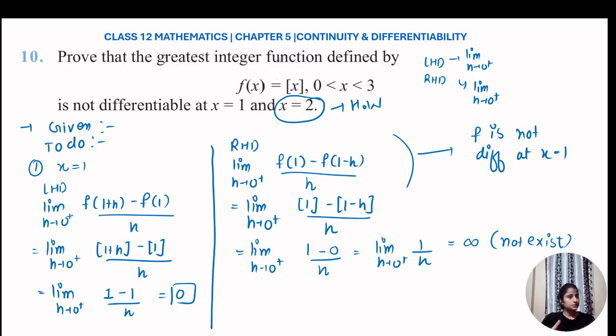Keep practicing the questions. Differentiability is one step ahead of continuity. Continuity is quite easy for you; you guys are used to continuity now. I will not say it's easy, because it's not easy for everyone. It's a moderate topic where you can understand and work things out, but differentiability is one step ahead.